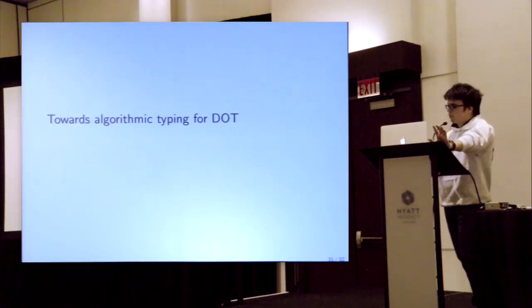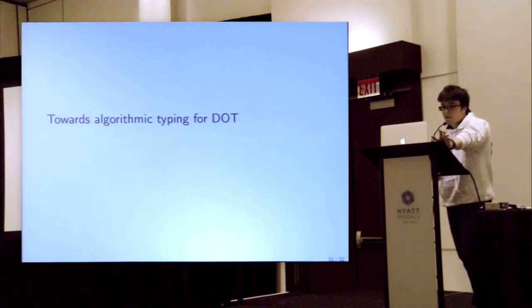If we are willing to give up a little bit of the expressivity in our type system, for example, by not having transitivity, we are able to then come up with algorithmic typing and subtyping rules for a subset of these calculi. And step typing and subtyping are precisely two examples of such rules. And hopefully in the future we'll be able to expand them to handle more of DOT and Scala.